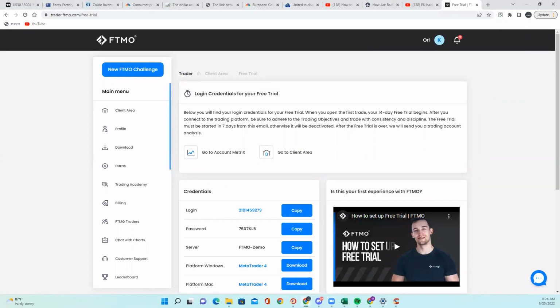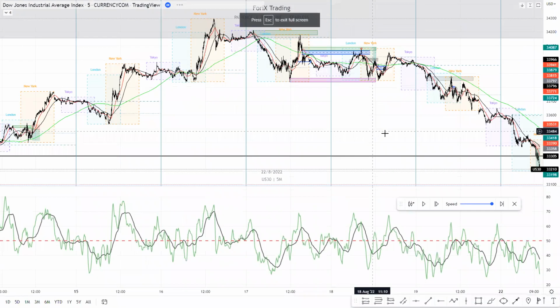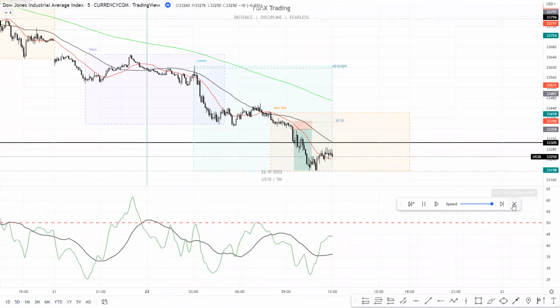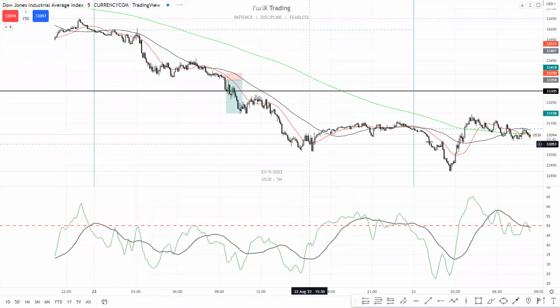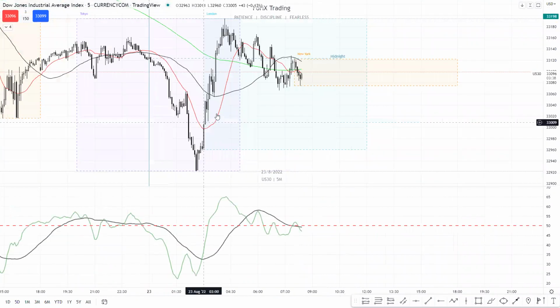Okay, so we will now be looking at the market, see what's going on US 30. Okay, so we have now on US 30.